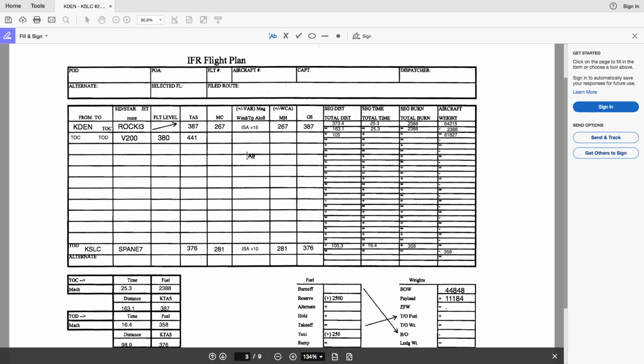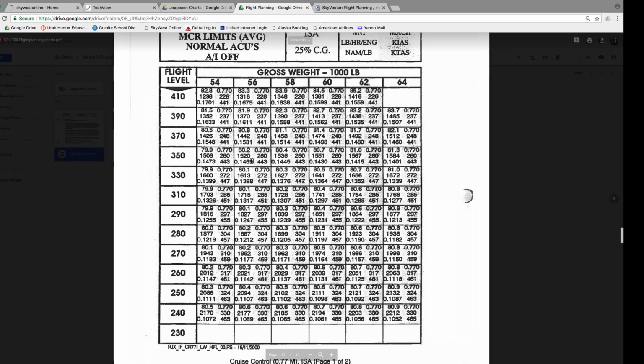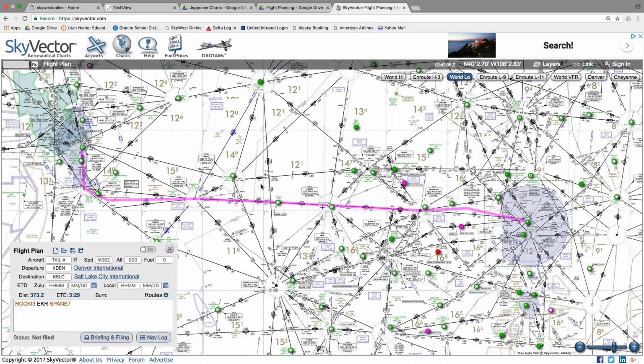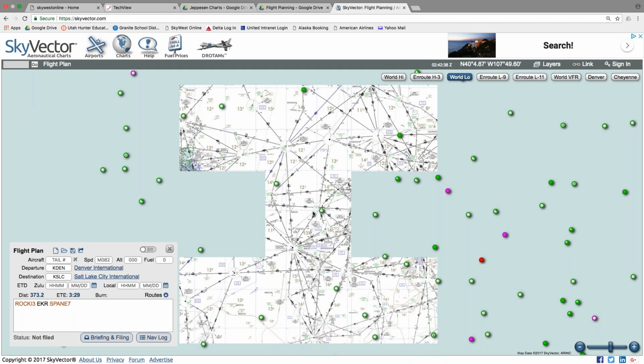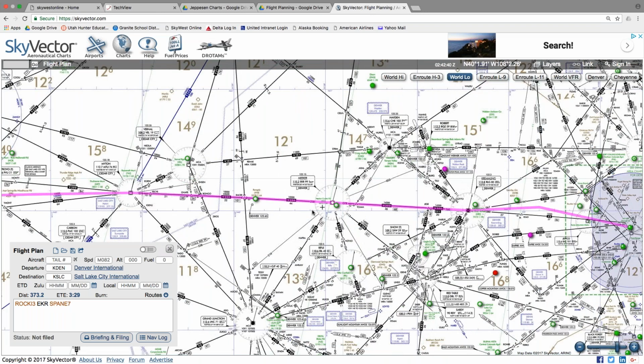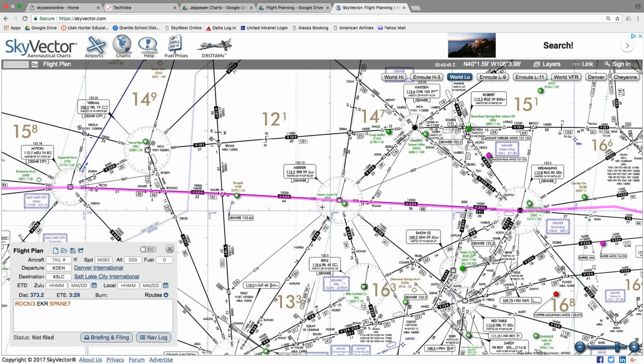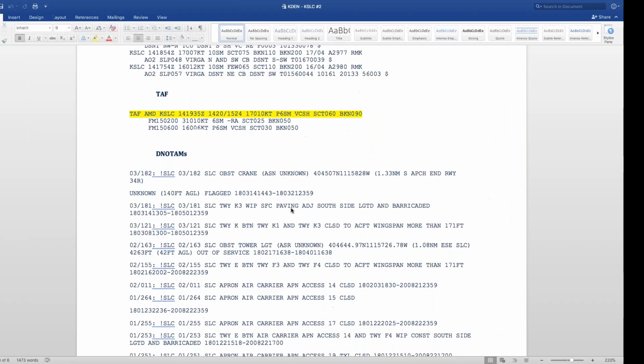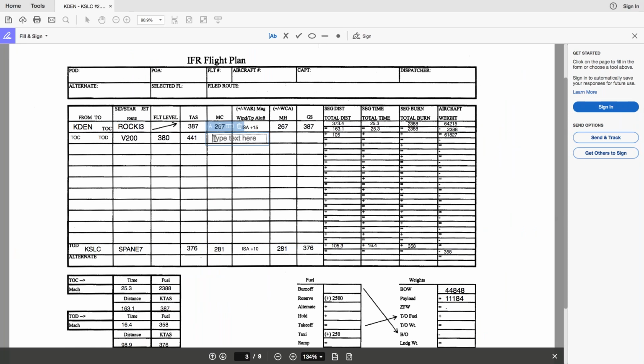Our magnetic course, let's figure that out really quick. Go to SkyVector. It's really nice, we can just use the radial off the VOR, 258, right? Oh, sorry, 258. Okay.